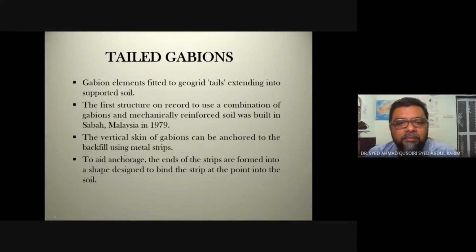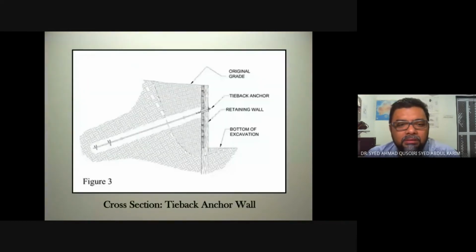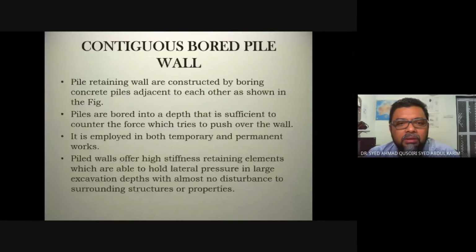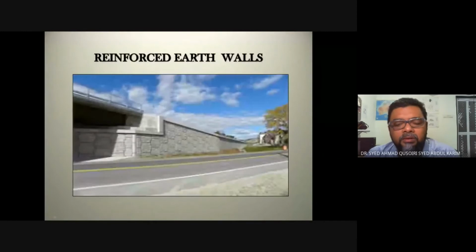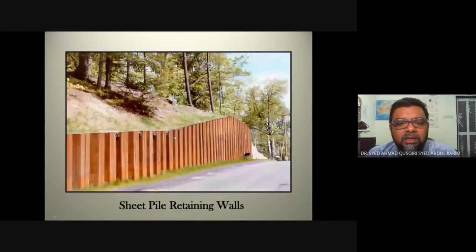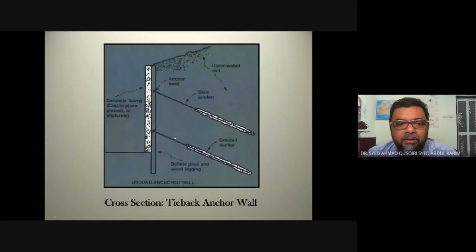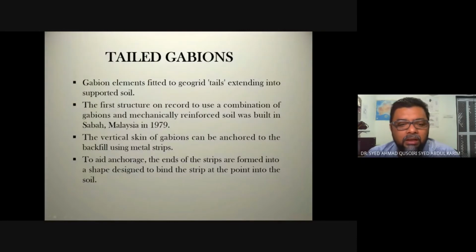So it is something like the previous one, the reinforced earth walls, but we are not using concrete panels, but instead we are using gabions. Okay, so that's why it's a hybrid system.